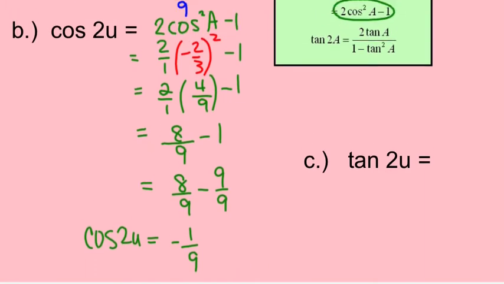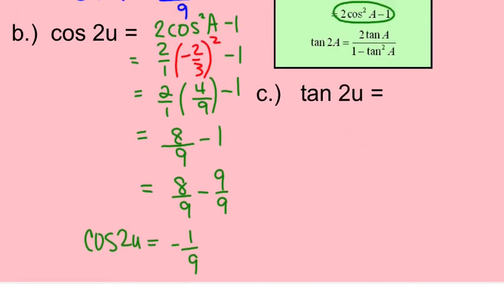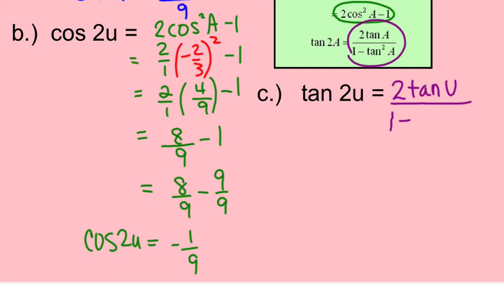Our last one is the tangent double angle. So we're going to say 2 tangent of u over 1 minus tangent squared of u.